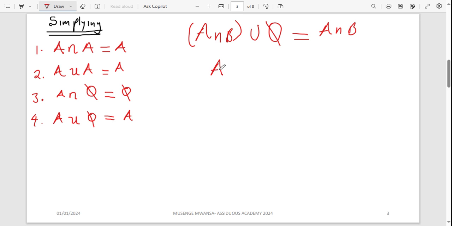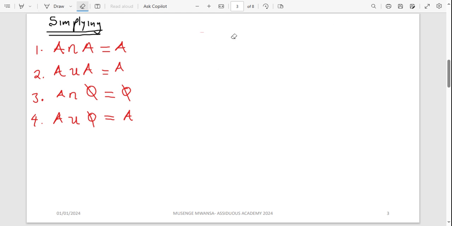Let's say if they gave us A union B, and then they said intersect an empty set, what is going to be the answer? Empty set. Very good. You see how important these laws are. This is how they'll ask you something like this: simplify as far as possible. So if you don't know that, you'll not be able to finish and then you get it wrong.